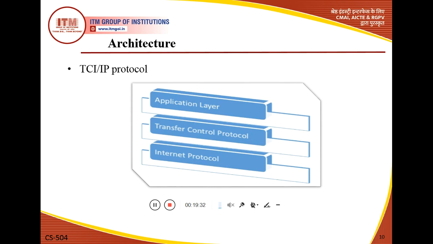The second type of protocol is the transfer control protocol. What is the role of the transfer control protocol? It is generally used for transmission. When we want to complete our transmission from one network to another network, or from one computer to another computer, it provides end-to-end transmission, and each and every node on one network is connected with a node on the other network.